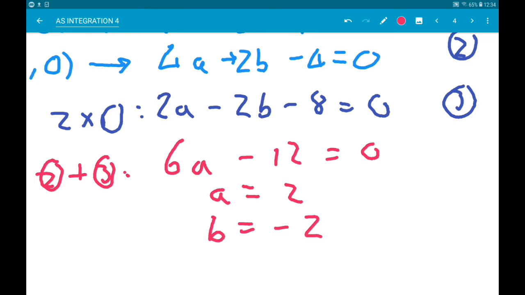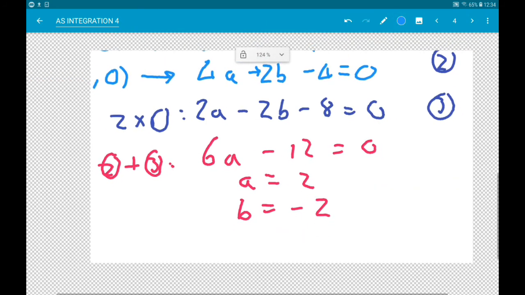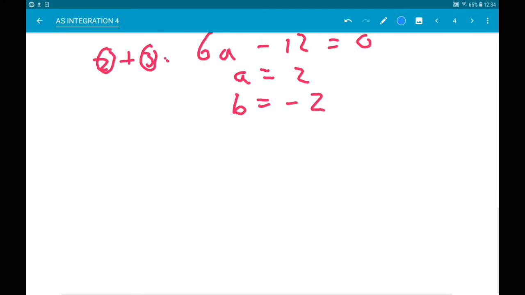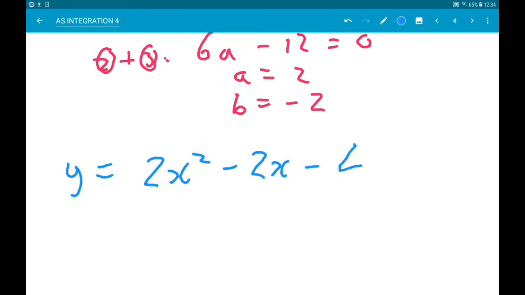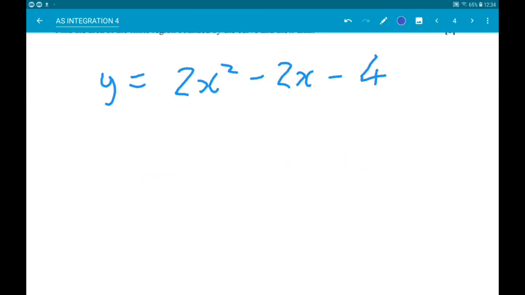So now we know then that y is 2x squared minus 2x minus 4. Okay, so now we know the equation of the curve. We know the area is the integral of the curve between the two limits.